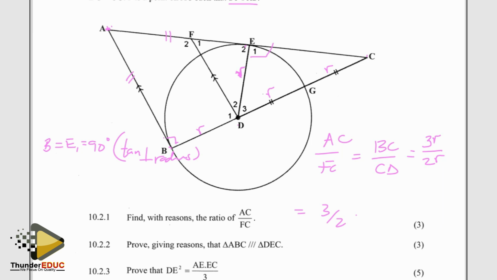Then we can also see that, which angles are they? So this is a 90 and a 90. ABC.